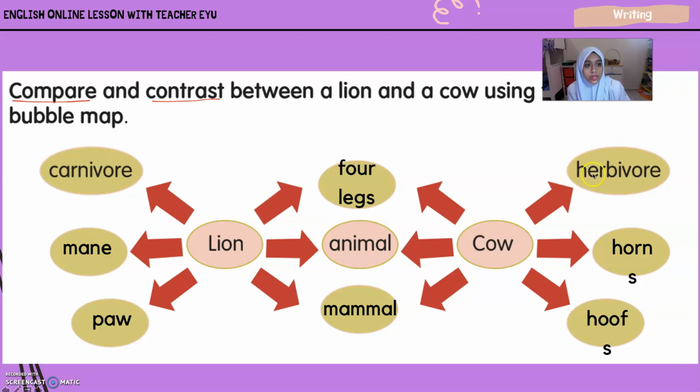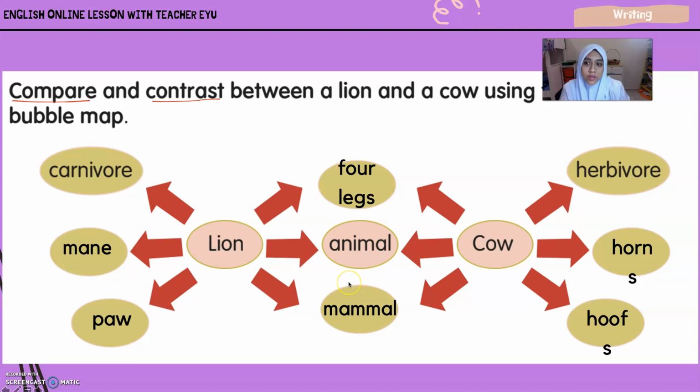Cow is herbivore because a cow only eats plants. A cow also has horns. Ada tanduk, 2 horns. And a cow also has hooves. Hooves is the hard part of the toe of the cow. Kawasan keras dekat tapak kaki cow tu. Those we call hooves.